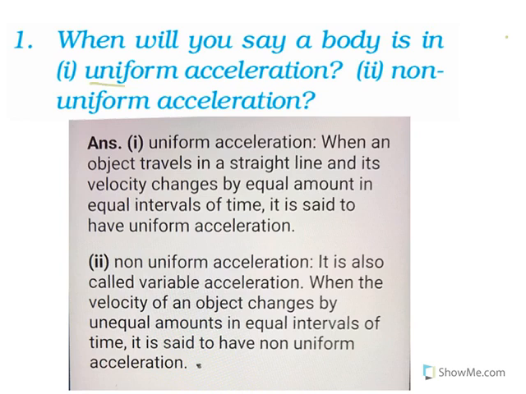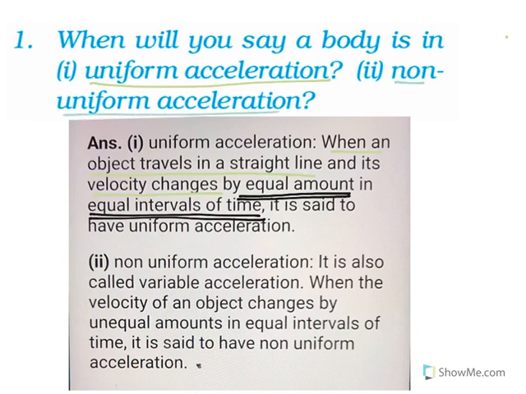When will you say that a body is in uniform acceleration? When an object travels in a straight line and its velocity changes, this is important, by equal amounts in equal intervals of time, it is said to be in uniform acceleration.